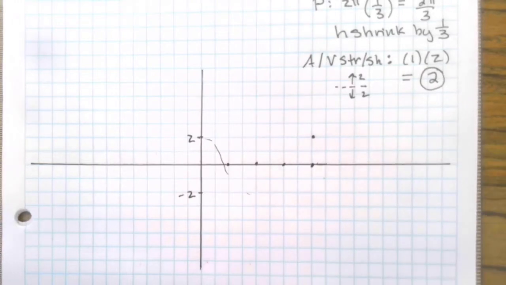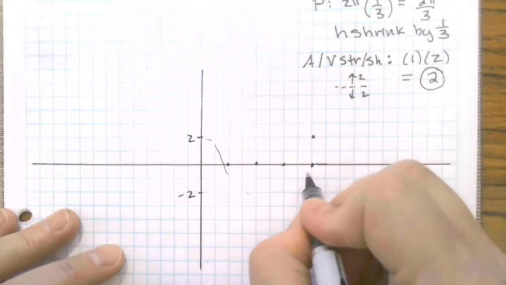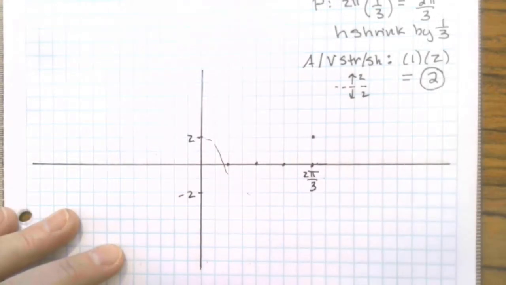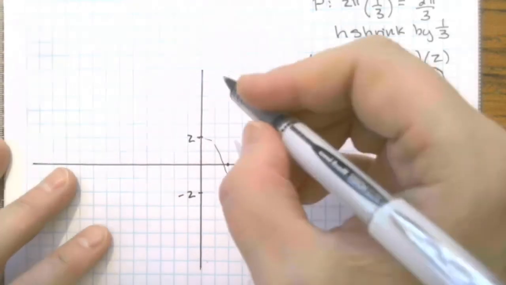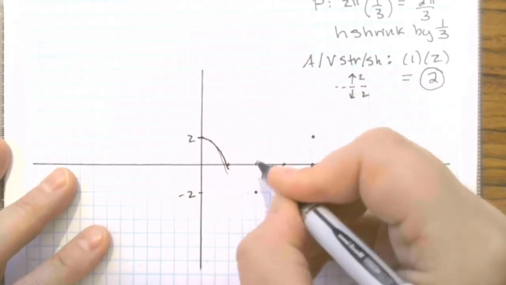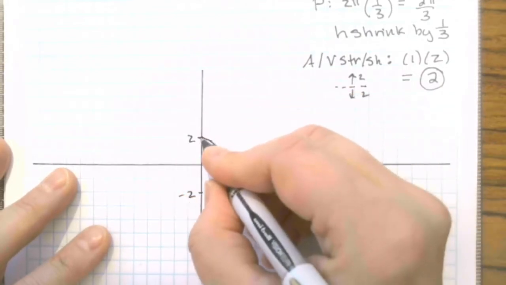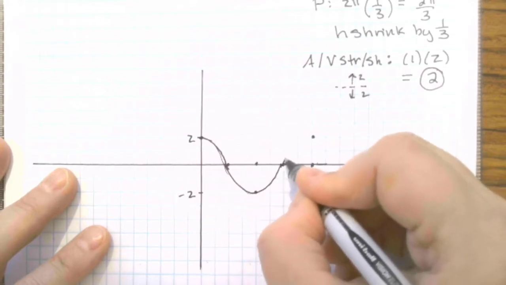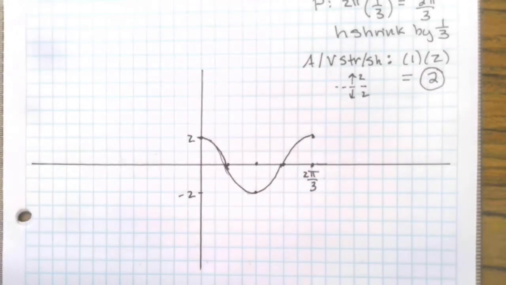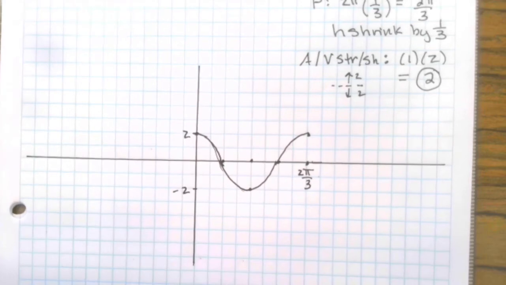So with our new period of 2 pi over 3, that's where it should end up. So up, and again, you got to memorize how to start the wave. It starts up and goes down. There's one period.